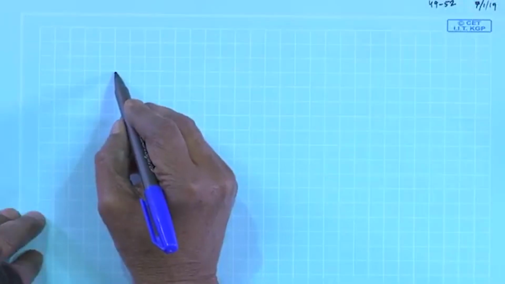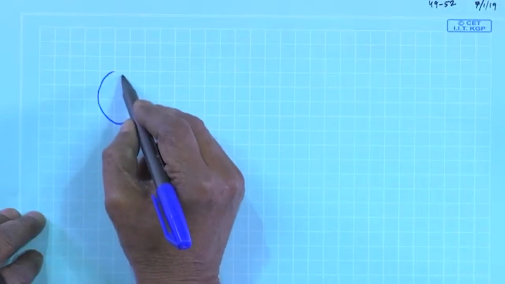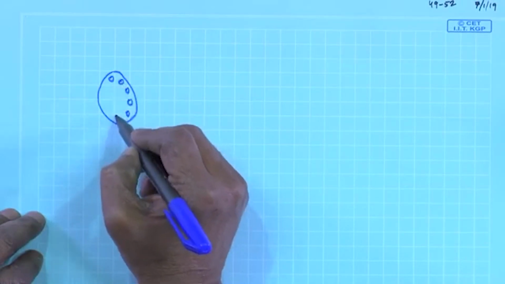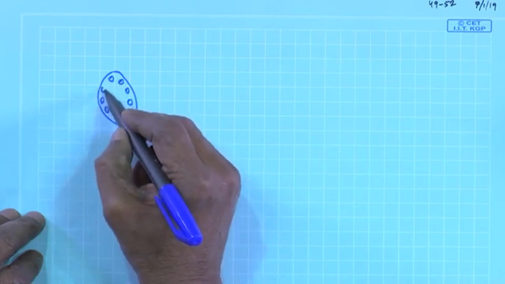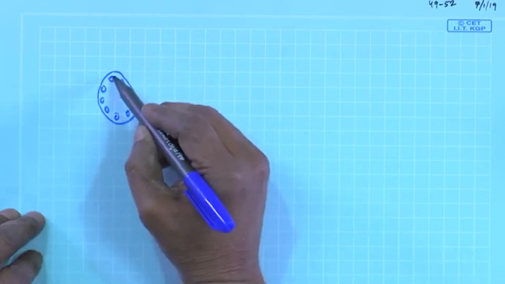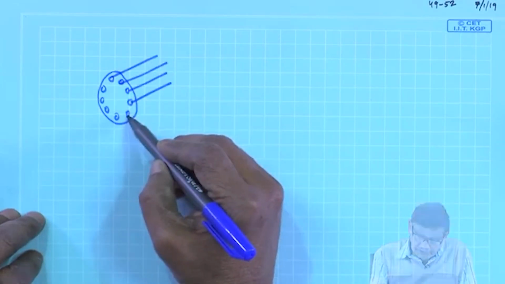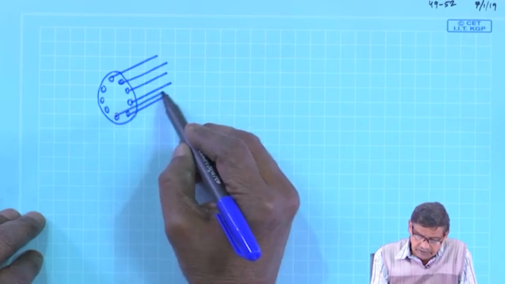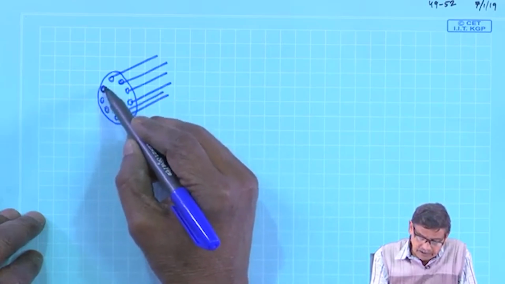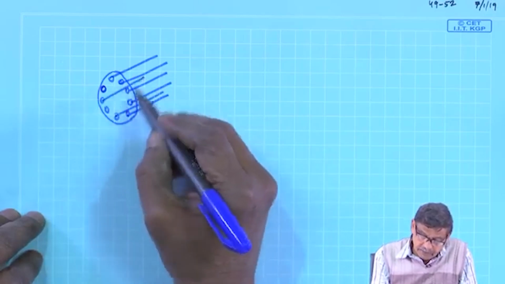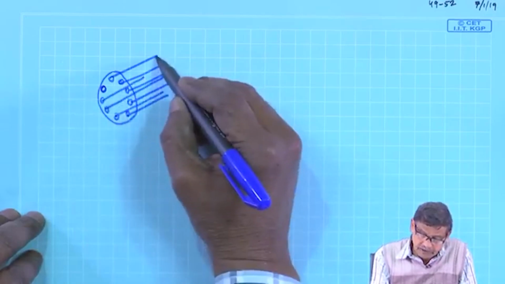In the cage rotor, as you know, I will quickly tell, there are a large number of rotor bars, and they will be like this. In these slots, this is iron and it will be embedded with these bars, rotor bars they call it.